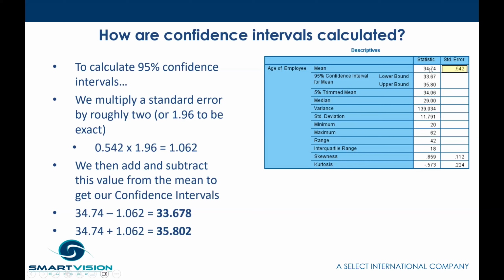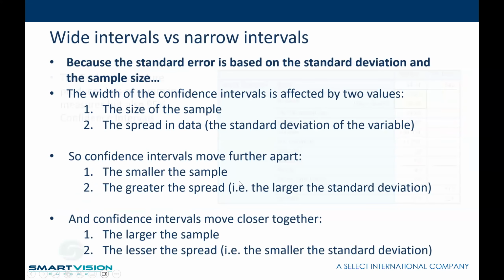If I take that away from 34.74, I get 33.678, and if I add it to 34.74, I get 35.802. So you basically take your standard error, roughly double it, subtract it from your mean statistic, and add it to your mean statistic. That gives you 2 interval values, and that's how your 95% confidence intervals are calculated.